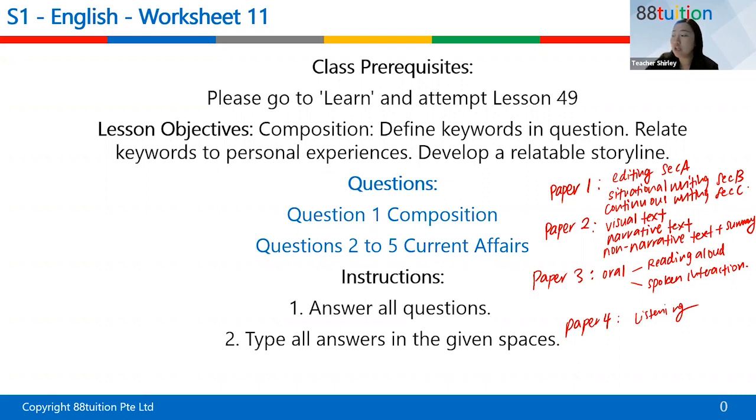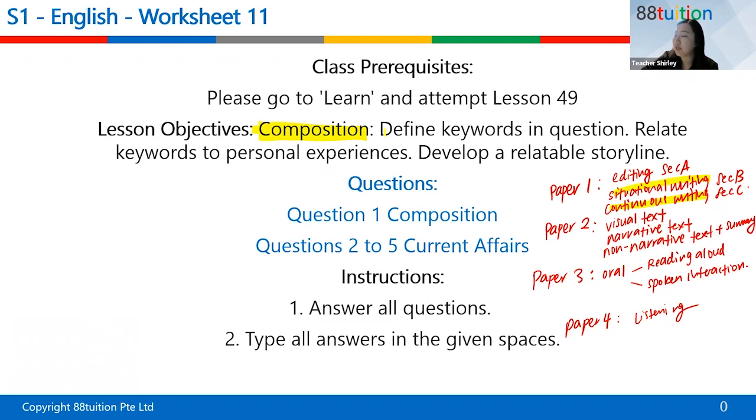So what we usually do is that we will definitely at least cover 2 or 3 of these components in each tutorial lesson. And we will have a specific learning objective. So for example, for today, the specific learning objective is really on compo, and by compo, it can be situational writing or continuous writing.